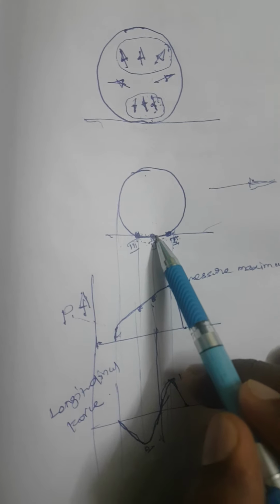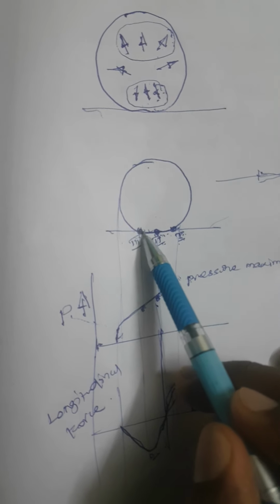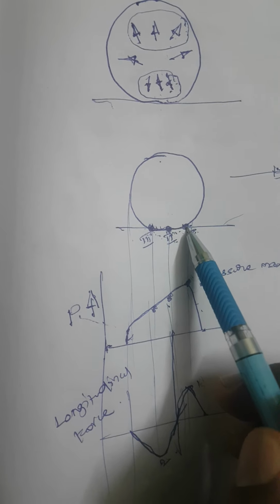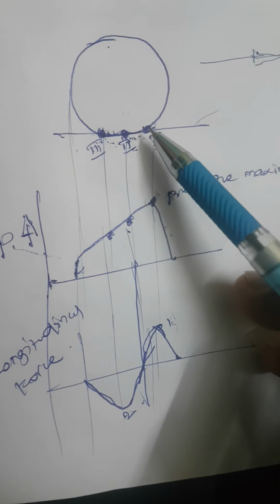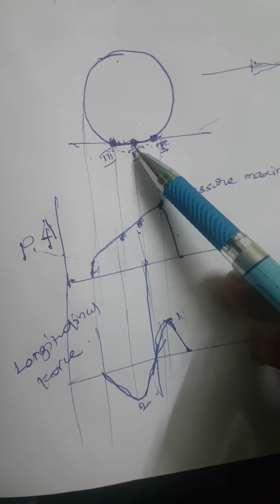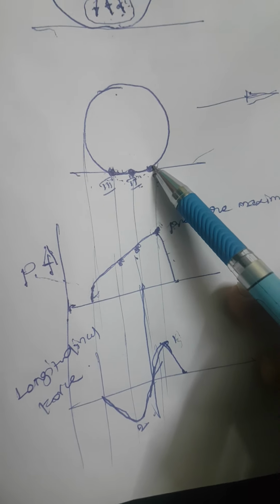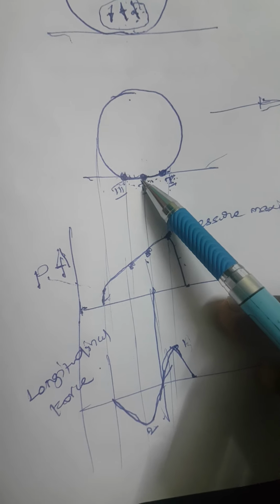This is the center point, there is an exit point, there is an entry point. Otherwise we can call them the loading point, center point, and unloading point, because this is where it is going to hit the ground.